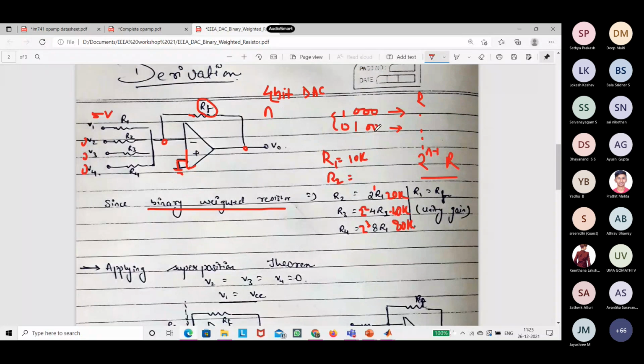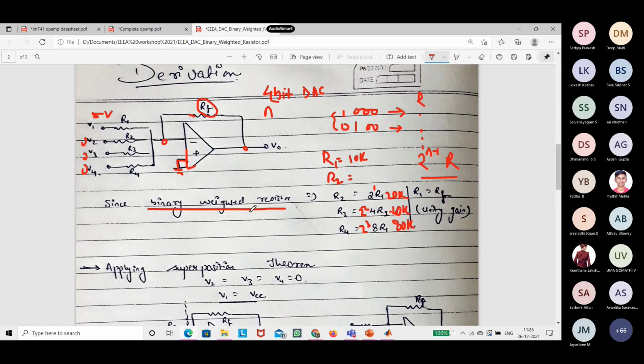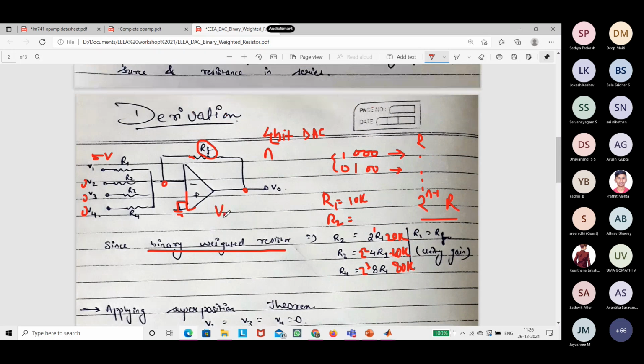Okay, and for the unity gain, if you see the feedback is in the inverting terminal, for now I'll just write out the formula, and I'll derive that.